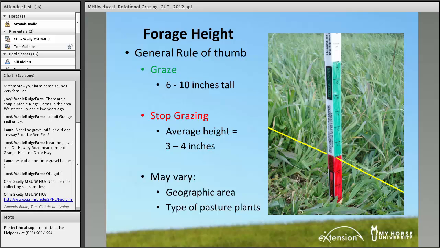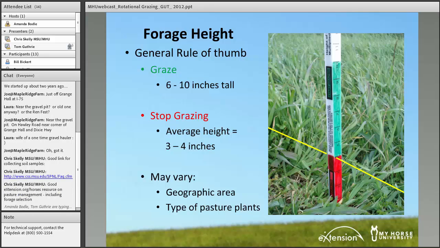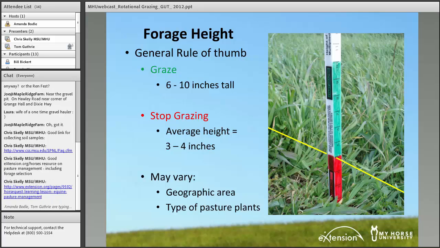As you can hopefully see in the picture, as a general rule, you want to start grazing horses when the forage heights are around 6 to 10 inches tall, and remove horses to stop grazing when forage heights reach an average of 3 to 4 inches. This may vary depending on your respective area and the type of pasture plants that you may maintain, as it relates to your geographic area.